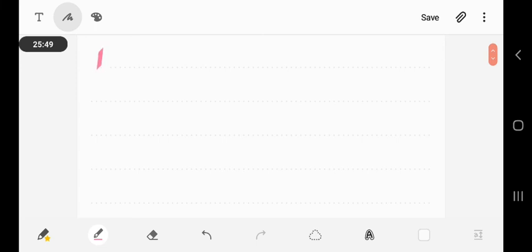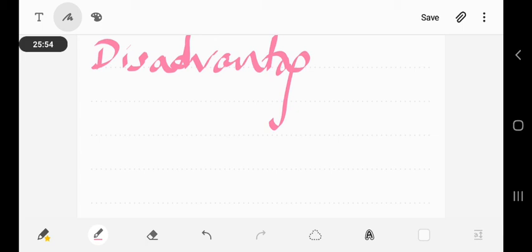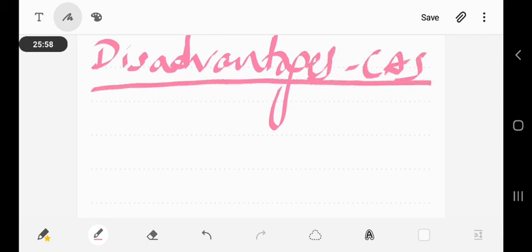Now, what are the disadvantages of the computerized accounting system? It requires qualified professionals.